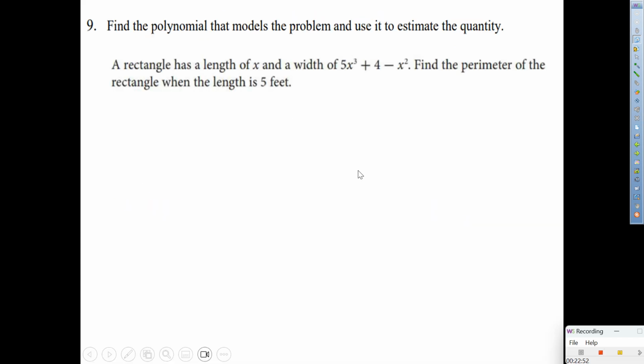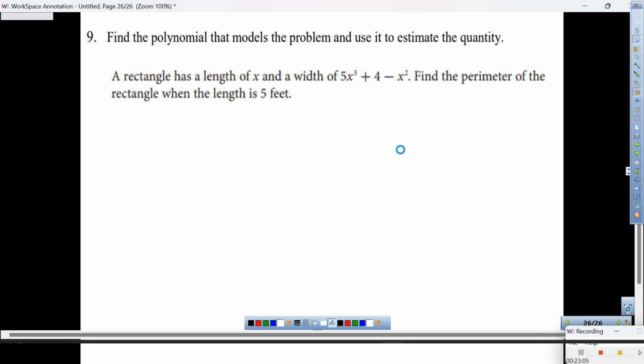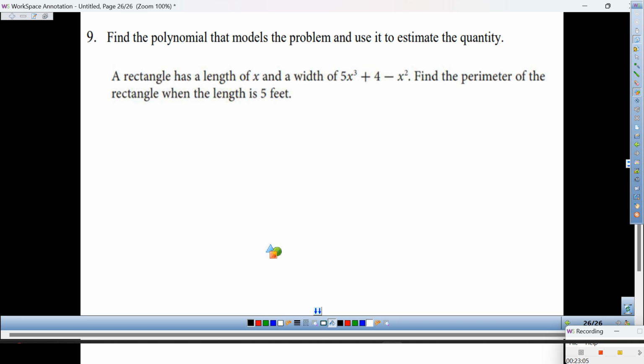All right, let's go to the next one, number 9. It says, find the polynomial that models the problem and use it to estimate the quantity. A rectangle. So what is the first thing you're going to draw? Yes, a rectangle. So let's do that. It says length and width. So guys, which is our length?